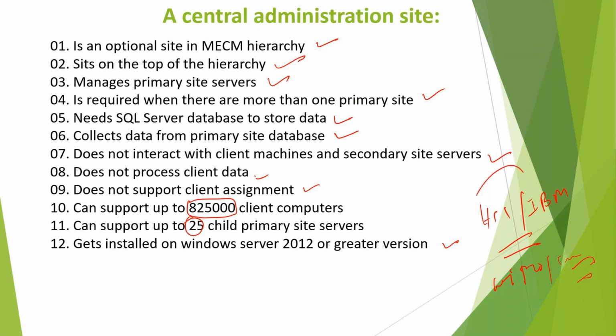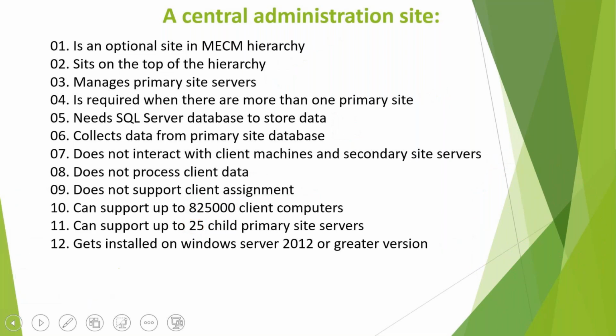So big organizations will have a central administration site, because in a big organization, one primary site is not sufficient. You will have to have more than one primary site. And the moment you have more than one primary site, you need a central administration site server. So that's central, guys.